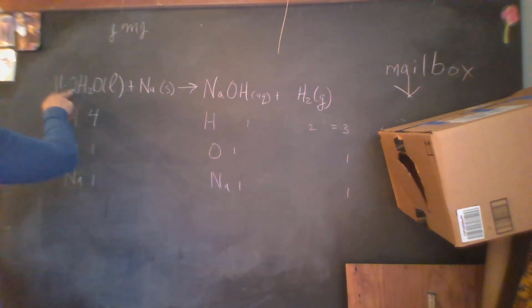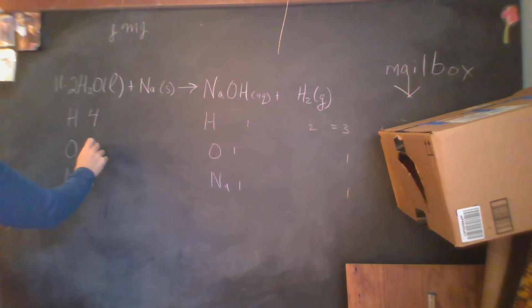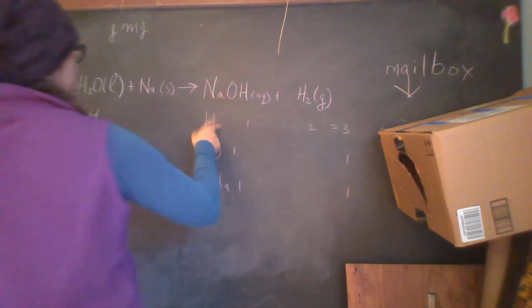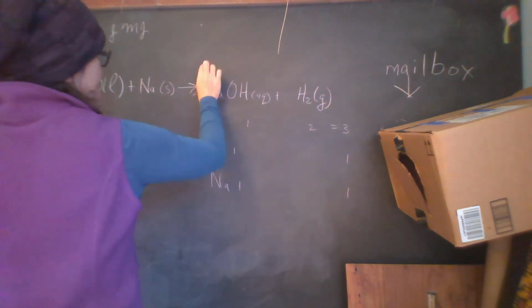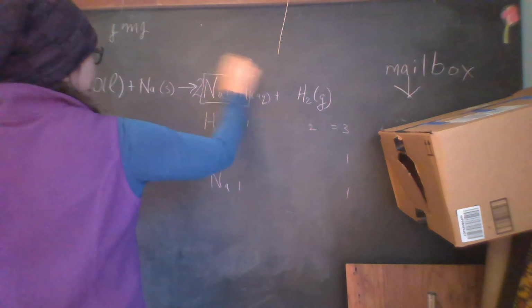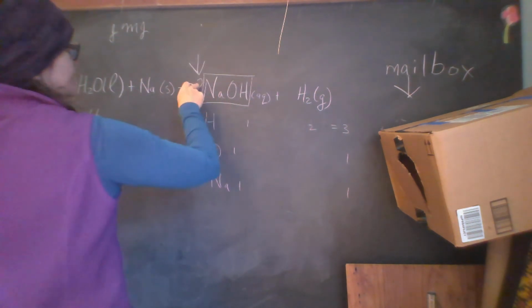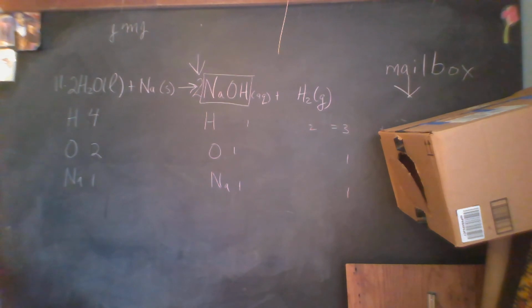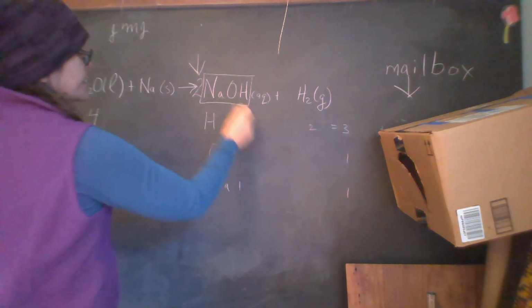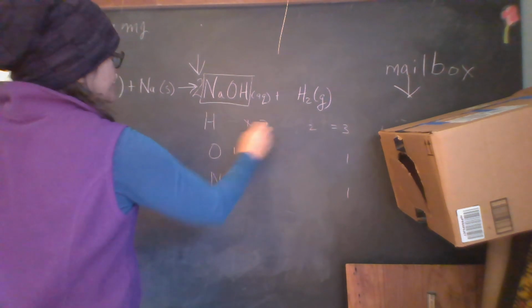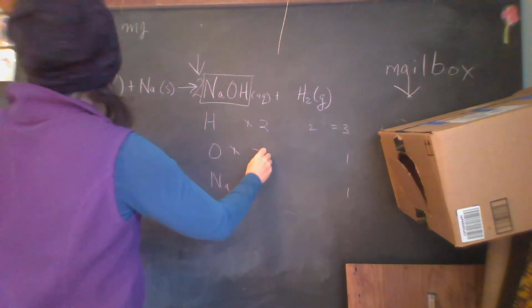How can we have 4 over here? Oh, what else will we change? We'll also change this. What if we change this? We can't change this. This isn't something we can change. We can only change this number here. If we do this, then we'll have 2 of these.